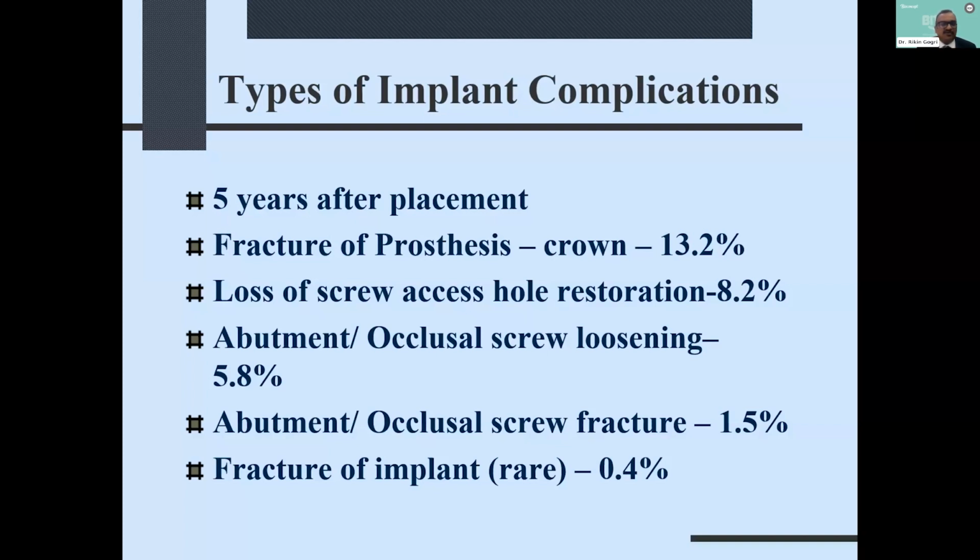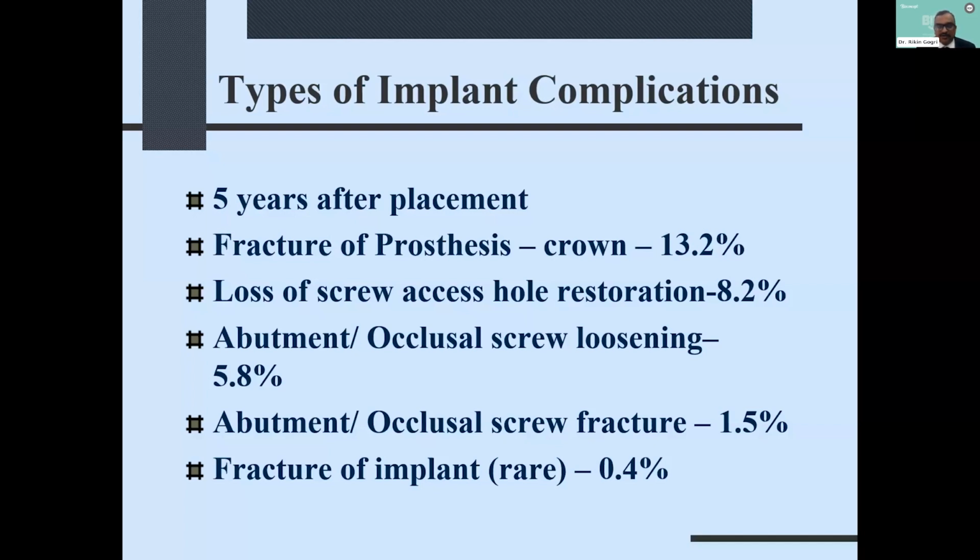Fracture of implant is one of the rarest complications. In my entire career, I must have placed around 7 to 10,000 implants, and I've seen only 2 to 3 implant fractures as yet, and those were for different reasons.